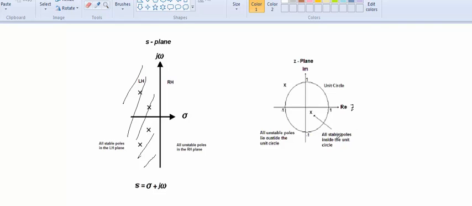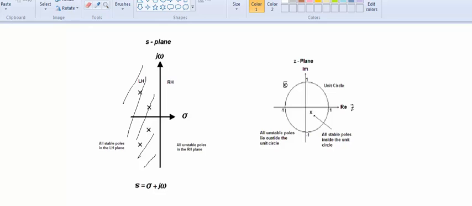All stable poles are inside the unit circle. If any pole is outside, like this one, the system is unstable. To ensure the system is asymptotically stable, all the roots must be inside the unit circle. If we have any root outside the unit circle, the system will be unstable.